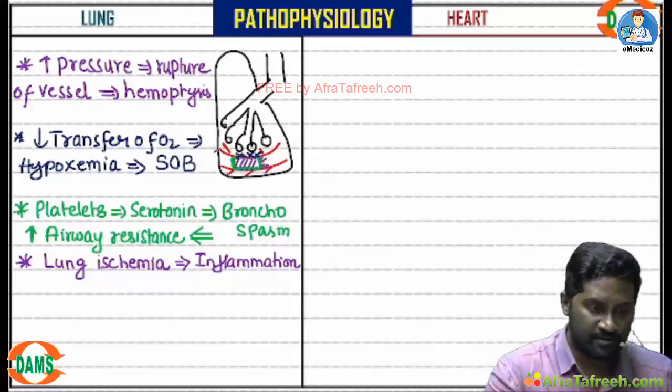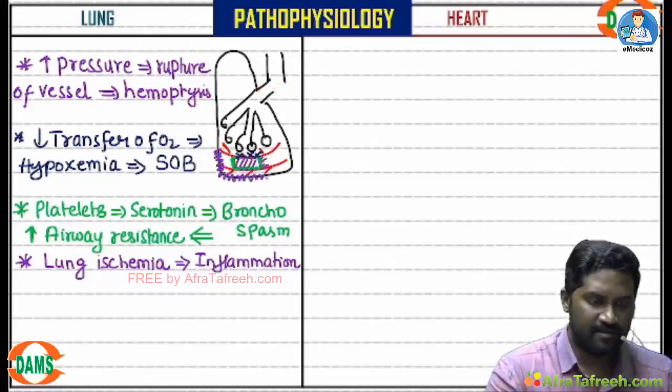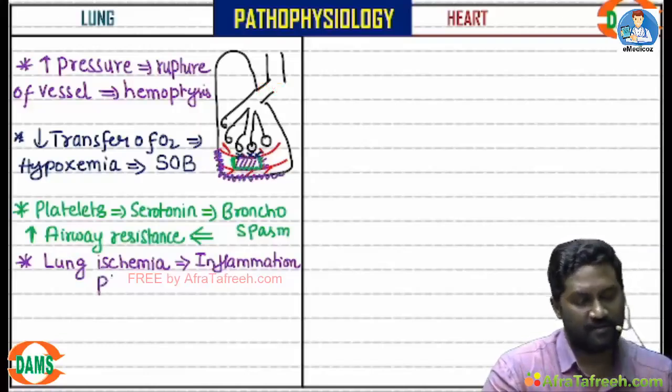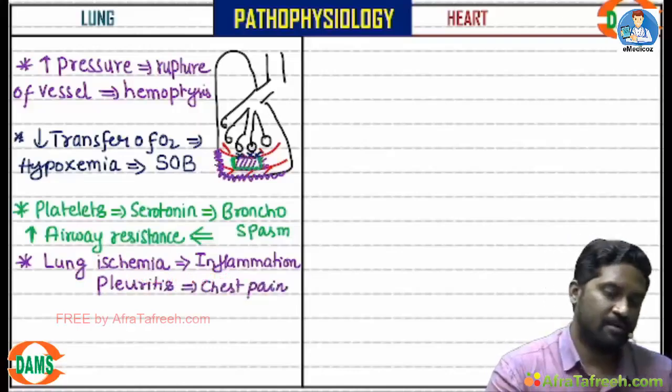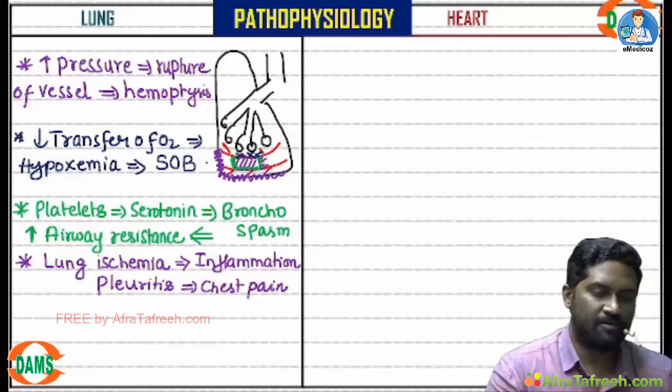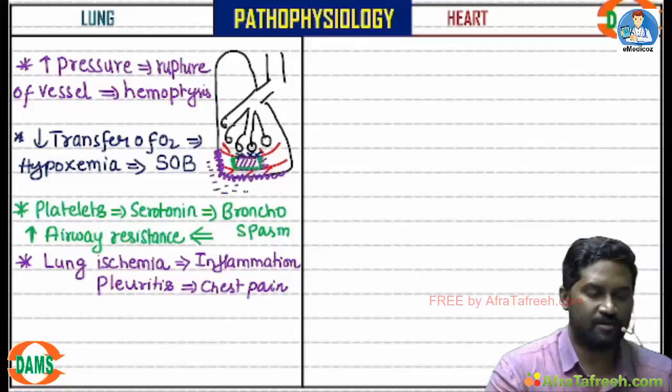Now if these inflammatory mediators reach the pleural surface, there can be pleuritis. Pleuritis can result in chest pain. And because of pleural inflammation, there can be formation of fluid.